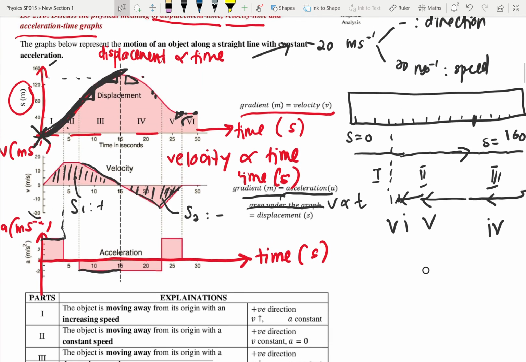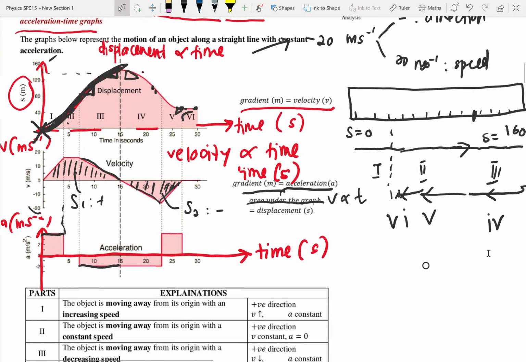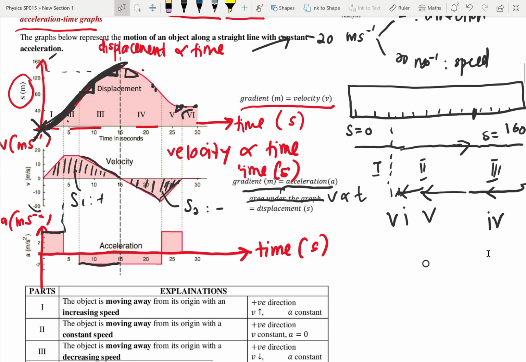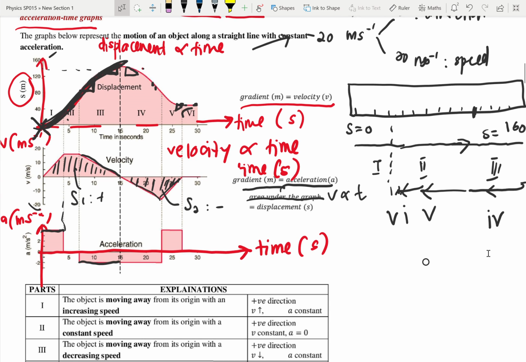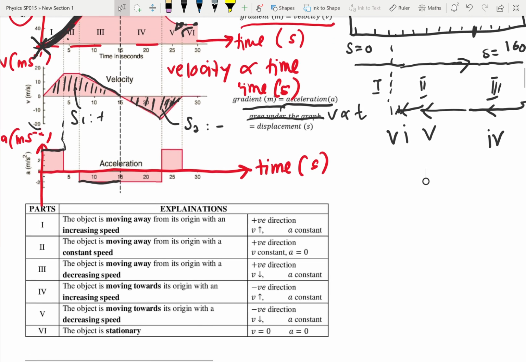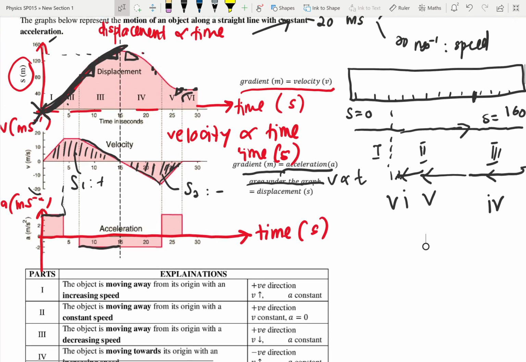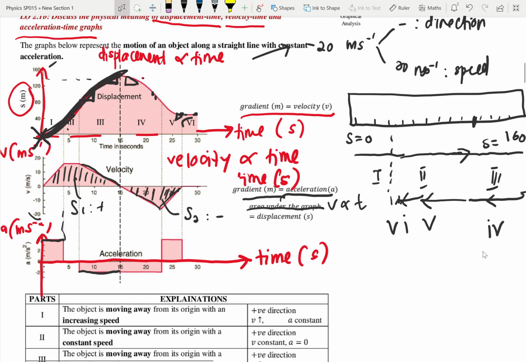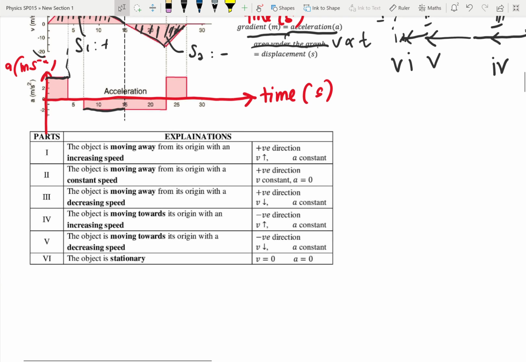When you get a graph, the first thing you have to do is identify what kind of graph it is. So look at the title of the y-axis and the unit first. For a displacement against time graph, maybe you can illustrate a meter ruler like this. Then you can imagine the object moving to the right or to the left.